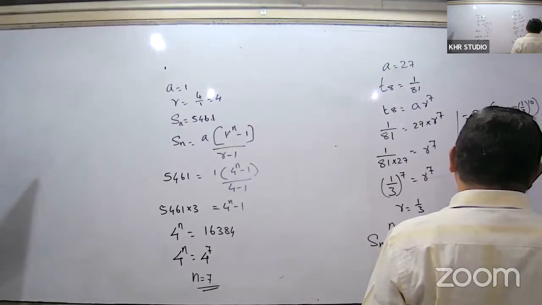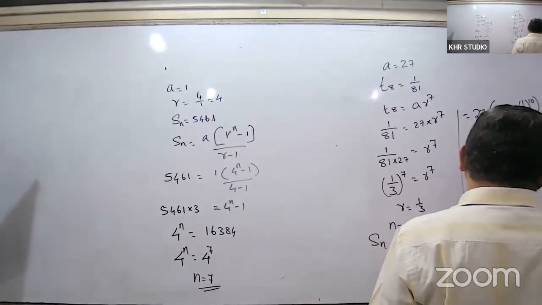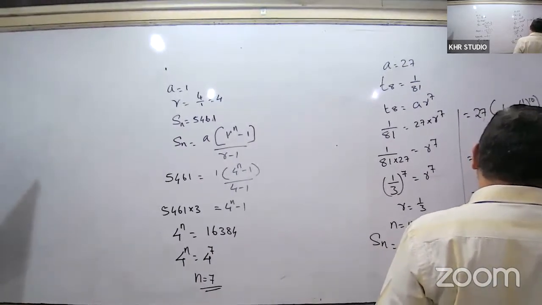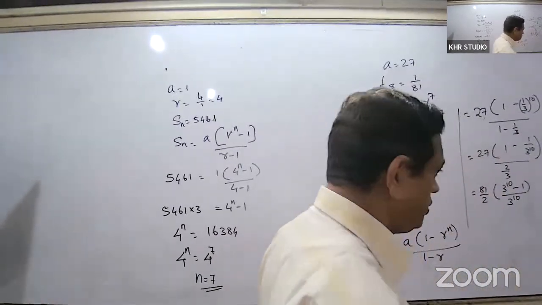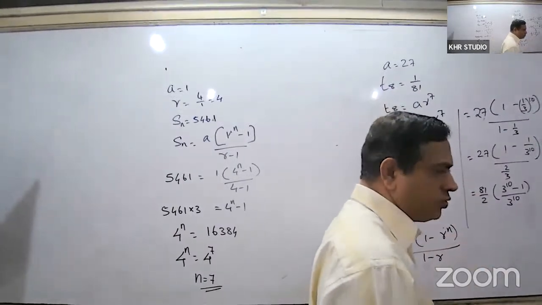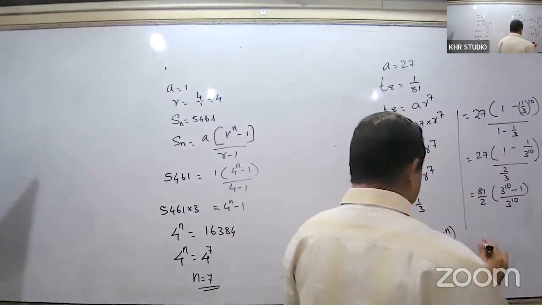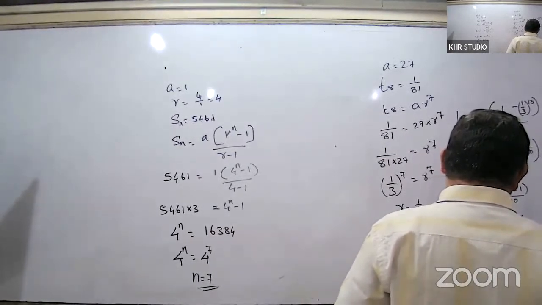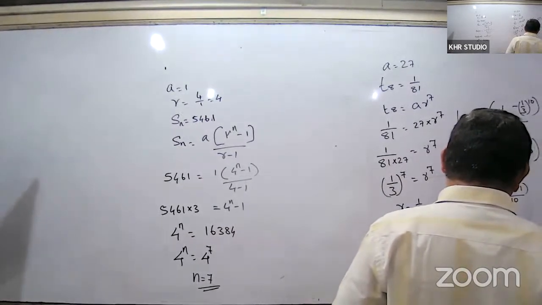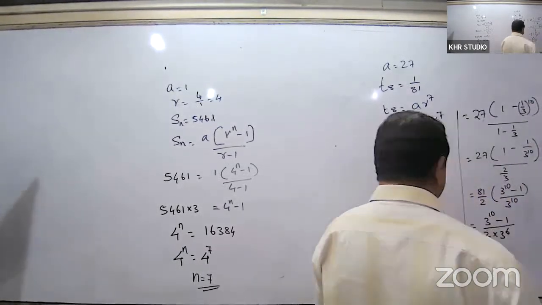That is 3 into 81 upon 2 into 3 raised to 10 minus 1 upon 3 raised to 10. Can cancel, 81 is 3 raised to 4, no? So you get 3 raised to 10 minus 1 divided by 2 into 3 raised to 6.